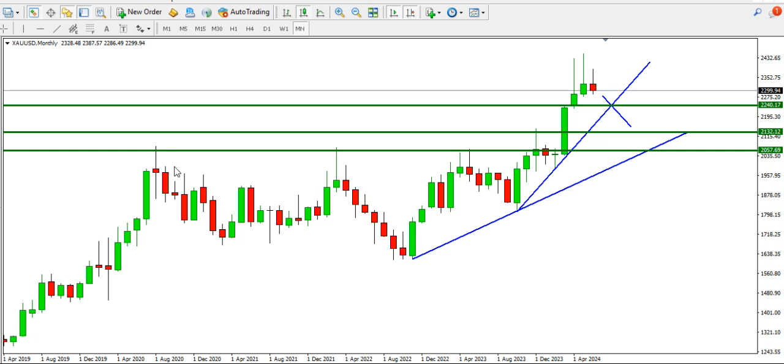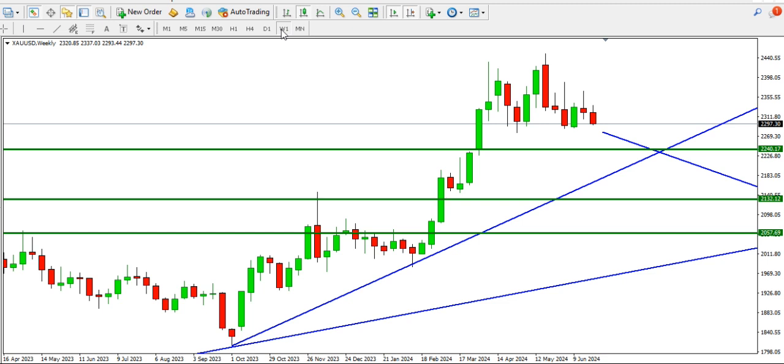Then you have retracement where price pulls back to gather more buyers or sellers, and then continues, pulls back, continues, pulls back, continues. Now we are about witnessing a pullback, if this very monthly candlestick is something to reckon with.